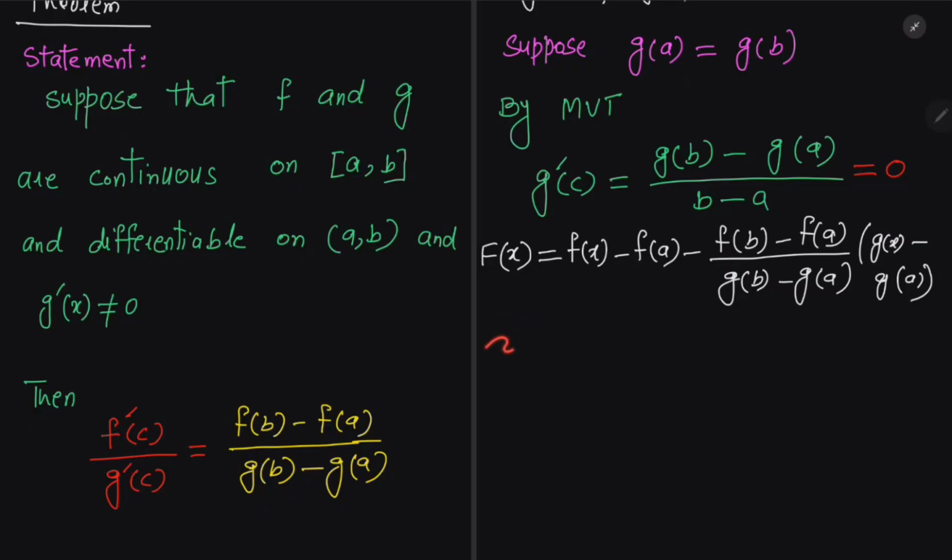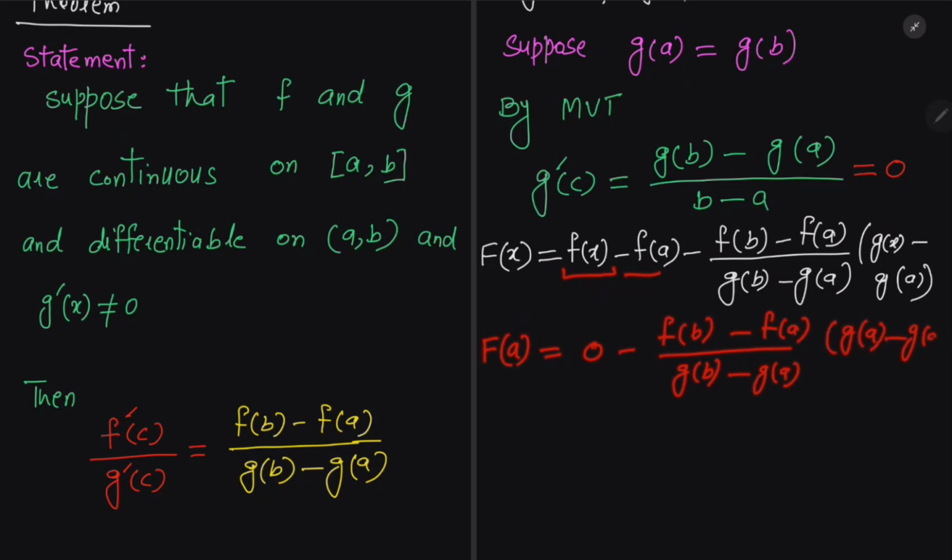If we put x is equal to A, we get f of A minus f of A, which is 0, minus (f of B minus f of A) divided by (g of B minus g of A), and this term in the brackets will be the same, so this is also 0. So finally we get F of A is equal to 0.